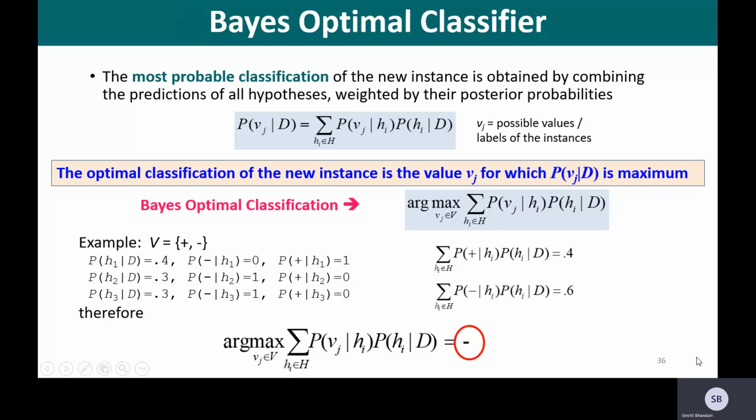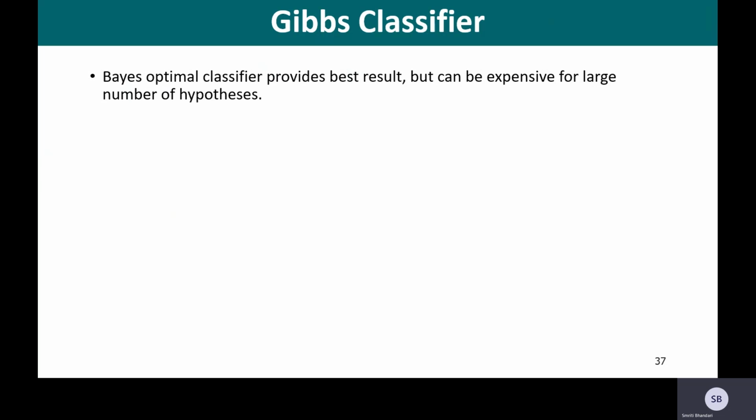So in the next, now, after going through the Bayes optimal classifier, let us discuss one more classifier, and that is known as Gibbs classifier. Whenever we are making use of Bayes optimal classifier, it provides us best results, optimal results.